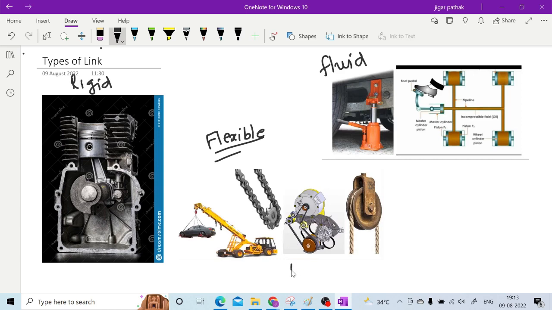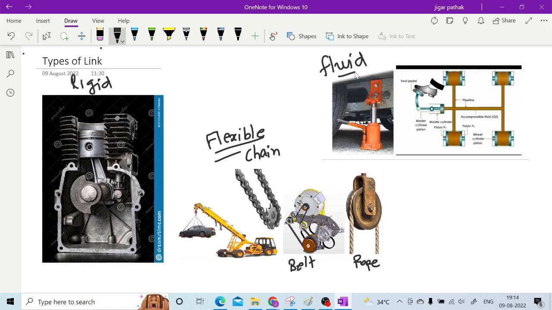Here you have this belt drive, or let us say a rope drive, or here you have a chain. Whenever these components are under operation, there may be a little deformation, but not so much that it will affect the performance of any particular component. That way you can have this flexible link.